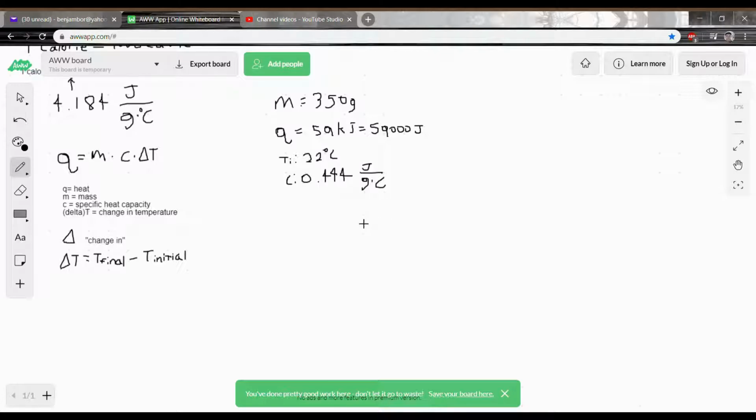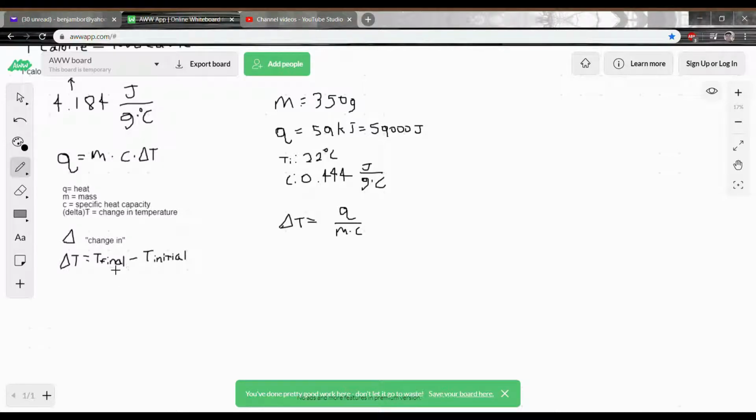We just have to rearrange our equation. Before we mess with delta T, let's get it alone. So we can reorganize our equation to isolate delta T, and that's going to give us Q divided by M times C. And now we can split delta T into its components, the final temperature and initial temperature.